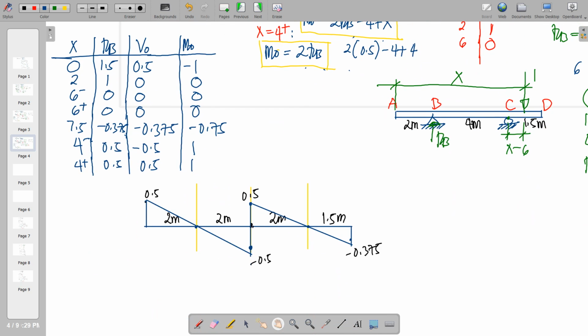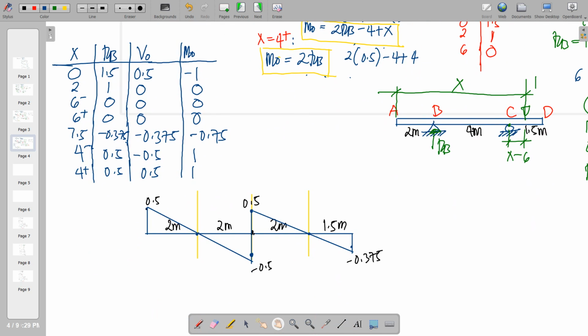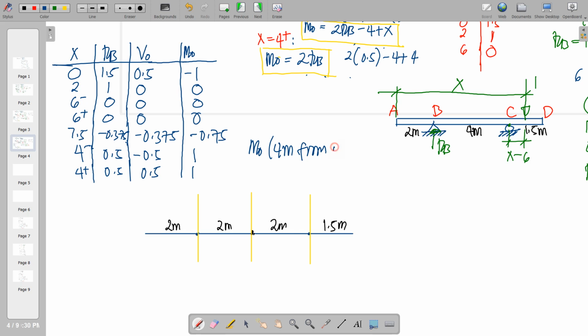Okay, so we have completed the values or tabulation, so we'll just have to illustrate it. So let us have first the segments. By the way, 4 is already bisected here because we are concerned with the moment 4 meters from point A, or that is MO. That is 4 meters from point A.